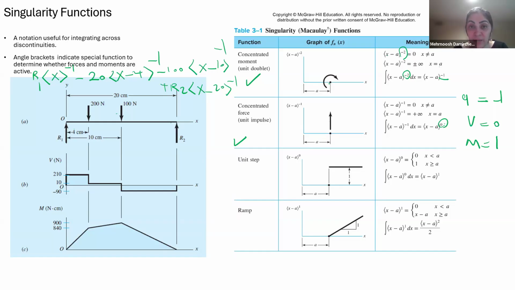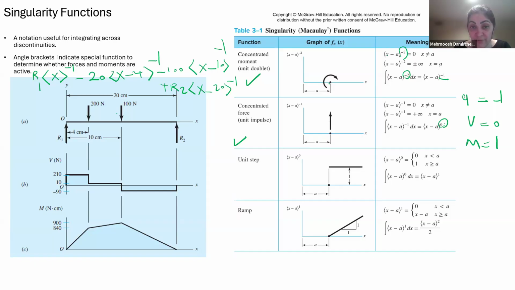Or for M, everywhere is 0 except when we are at the exact point where the concentrated moment is applied, yeah? And here, when the power is 0, it works after the integral.